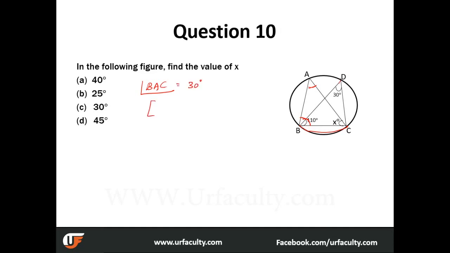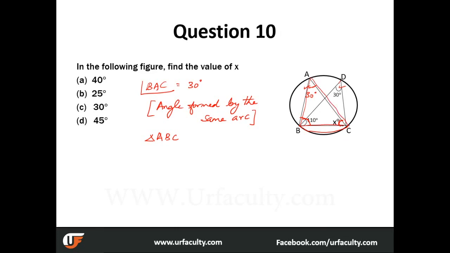What is the theorem that you are using? Angles formed by the same arc are equal. So this is 30 degrees. Now let's consider triangle ABC.